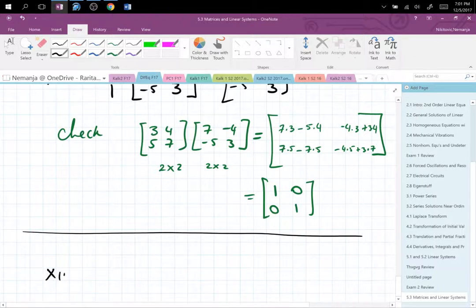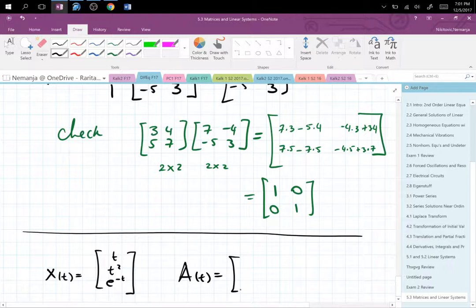So we are going to see, say, x of t given as t squared, e to the negative t. And a matrix A of t, again a matrix of functions, is sine t, 1, and then t, and then cosine t.